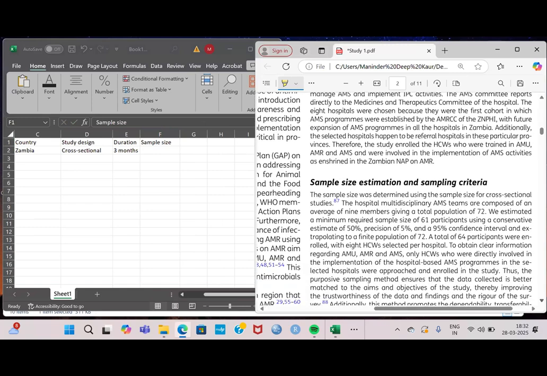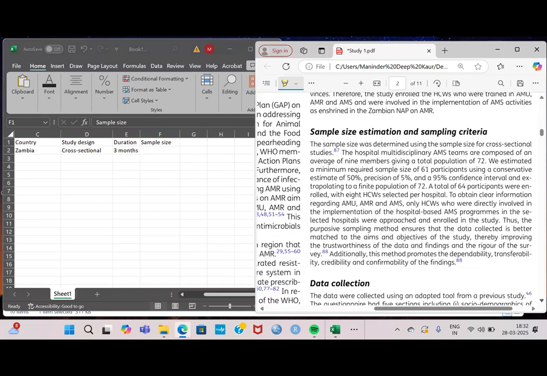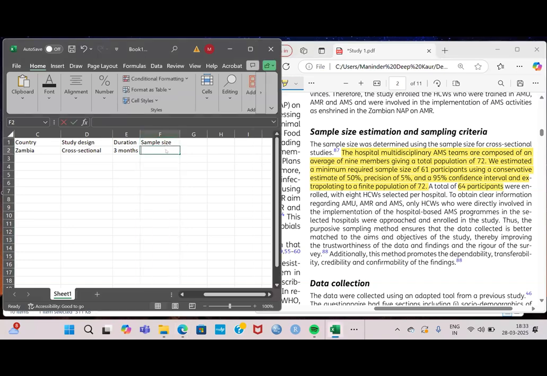Here it has sample size estimation and sampling criteria, so we have to see here only. The hospital multidisciplinary team was used. A conservative estimate of precision was taken of 272. A total of 64 participants were enrolled. So that is 64, the total number of participants they have enrolled. So I will enter 64 here.